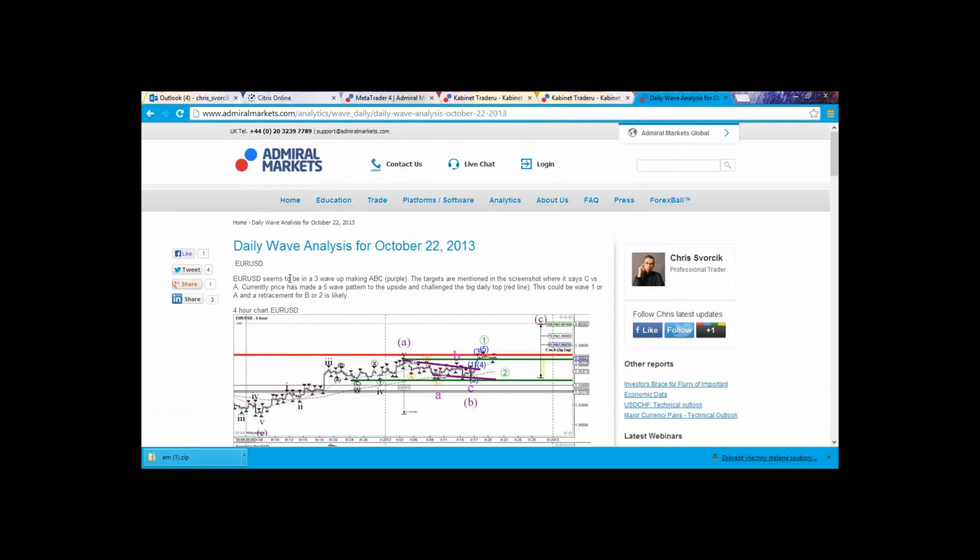Although on most days I have an idea what is most likely, one day is just not the same as the other. One day it could be an 80% probability, the other day it could be 60, the other day it could be 90. That always varies, and that's the thing with wave analysis that maybe discourages traders from using it because of these varying probabilities.